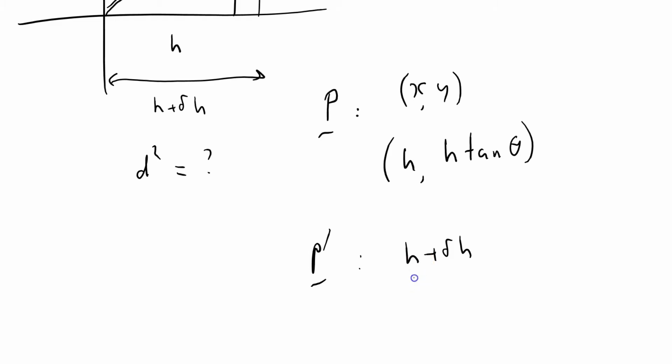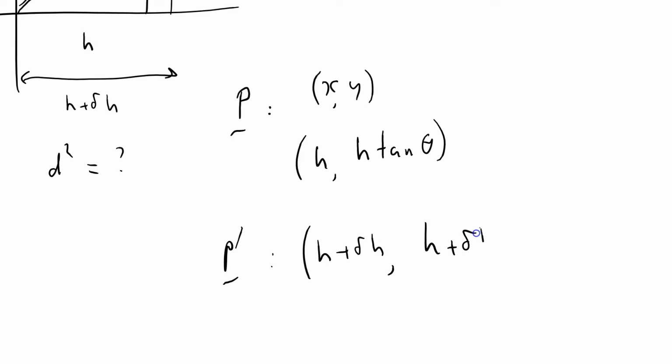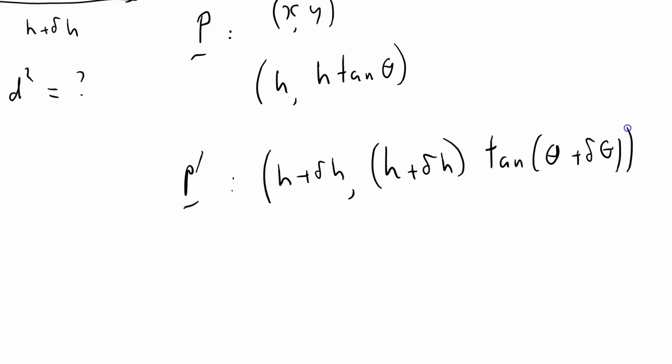Oh no, it's not a vector. Comma h plus delta h tan of theta plus delta theta. Okay, so that's the new x, and this is the new y.